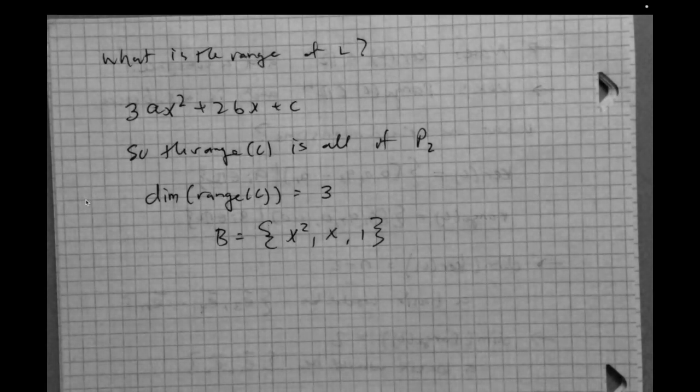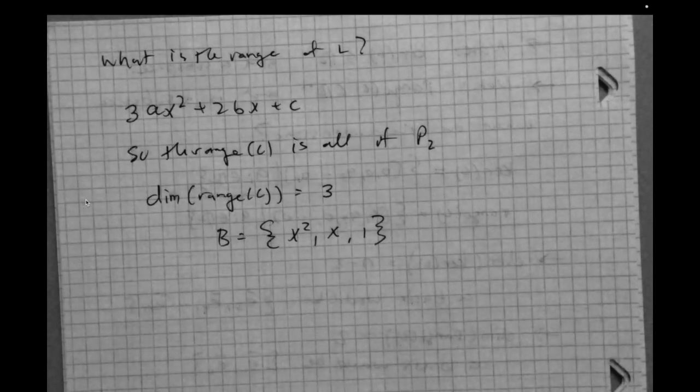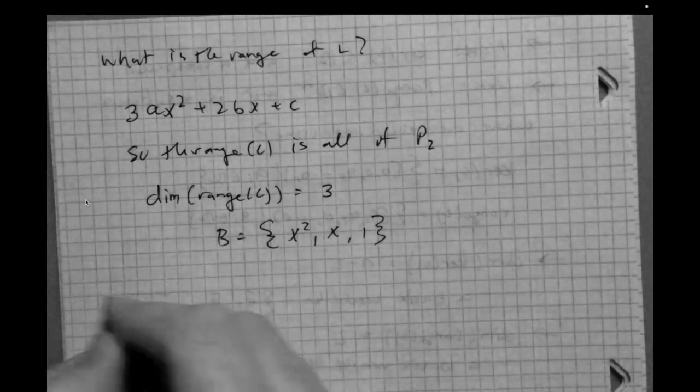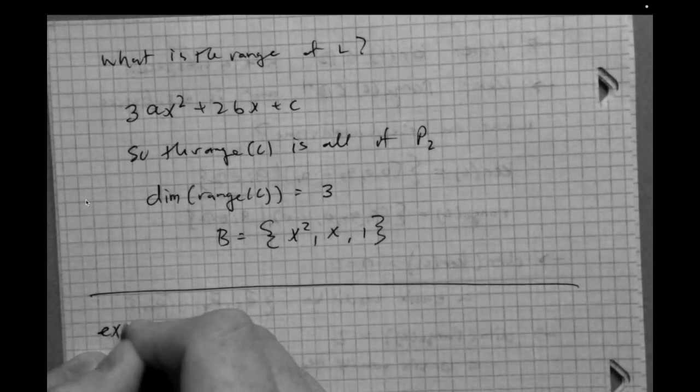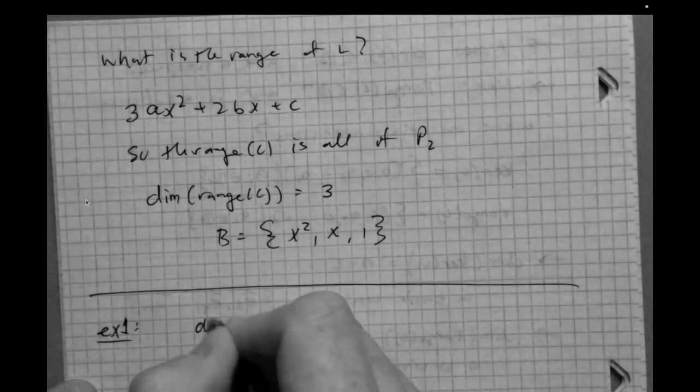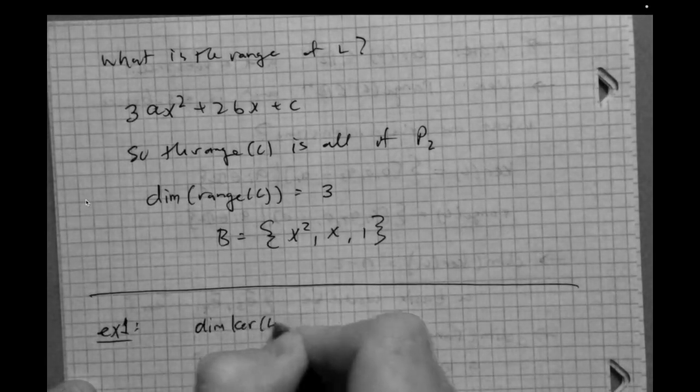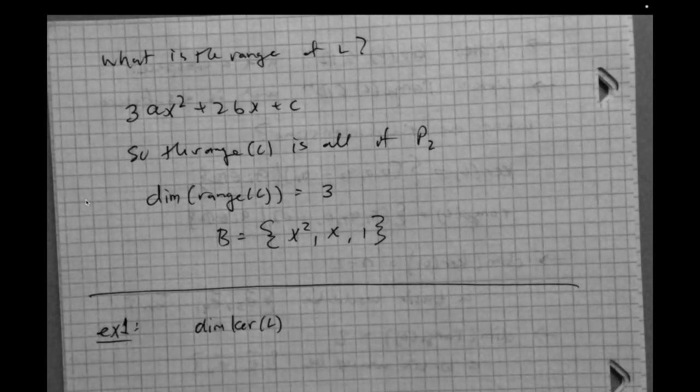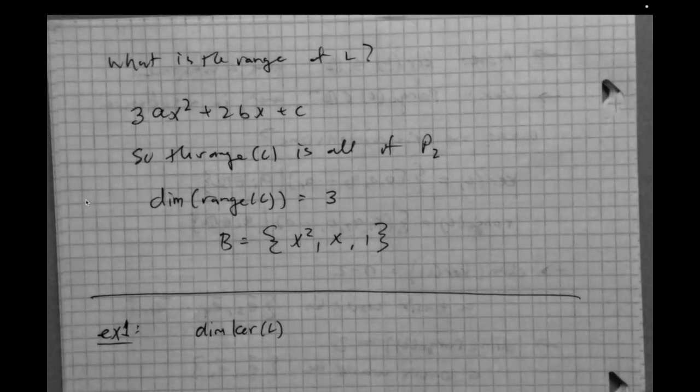Between the previous example and this example, we may be noticing something. In the first example, the Rn example, we said that the dimension of the kernel was n minus 2, correct?